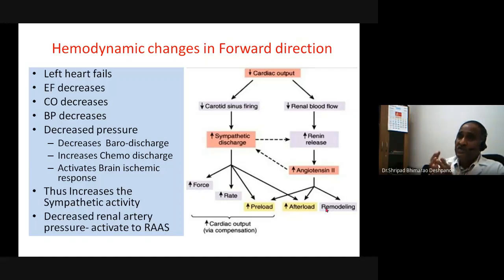Okay, if the condition by which the cardiac output has diminished because of the heart failure is not addressed, here the compensation is only to see that cardiac output is regained, but whether the heart is capable of doing it, we have to see with the condition.